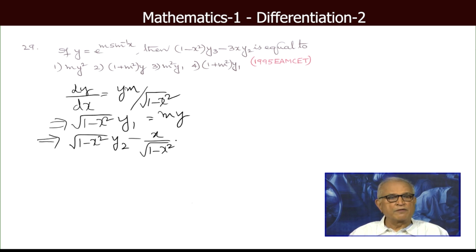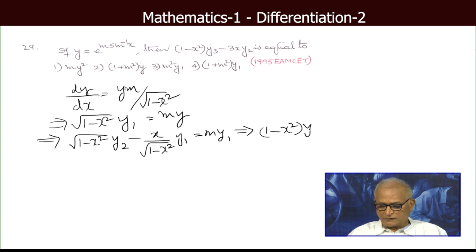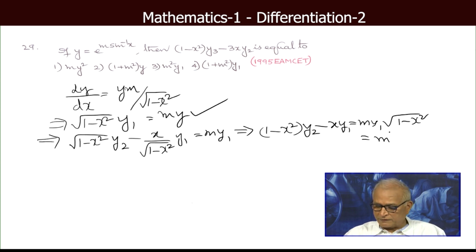That is the derivative of root of 1 minus x square into y1 is equal to my1. So, once again multiply by root of 1 minus x square throughout. 1 minus x square into y2 minus xy1 is equal to my1 into root of 1 minus x square. Once again y1 into root of 1 minus x square is my. So, therefore, this is equal to m square y.